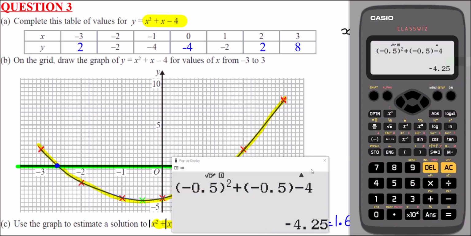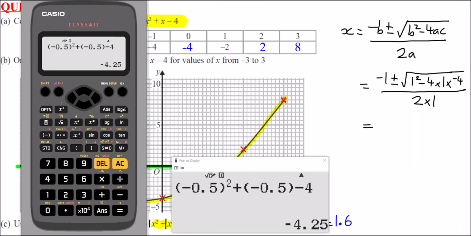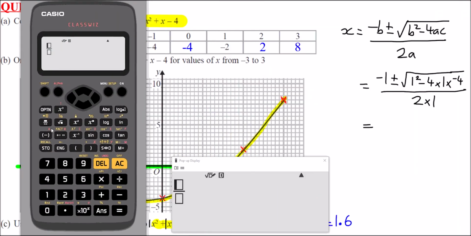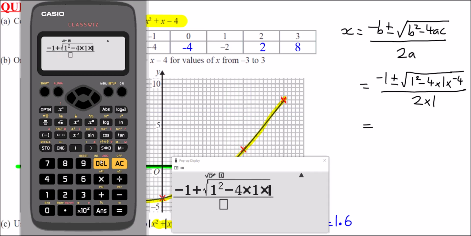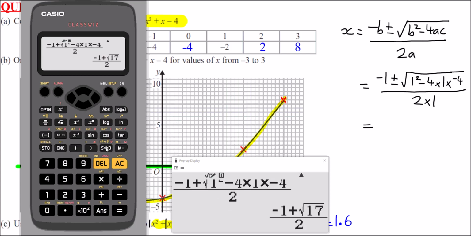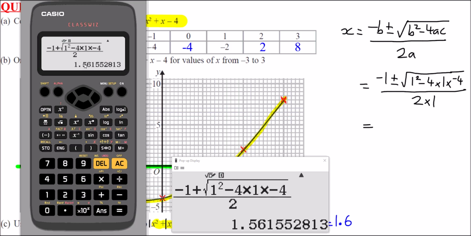So if we do this on the calculator just to double check and see if we're on the right lines, we've got here minus 1 plus square root 1 squared minus 4 times 1 times minus 4, all over 2 times 1, which I'm just going to call 2. We get here 1.56, which would round to 1.6, which we've had here, look.